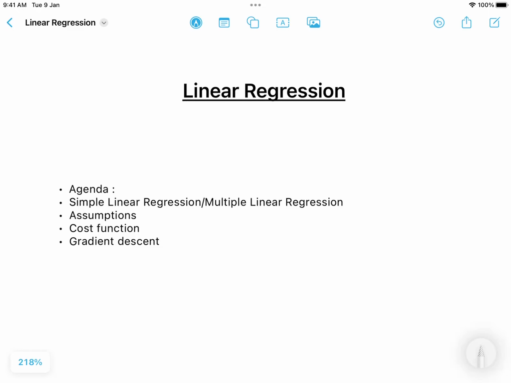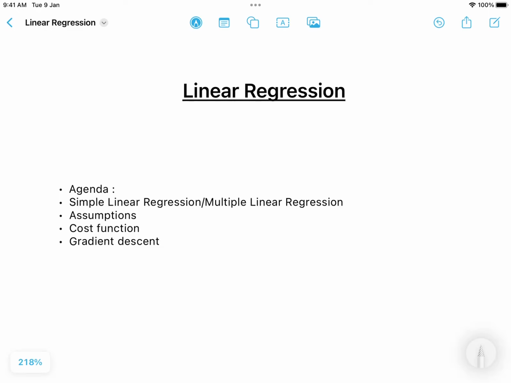Today's agenda is we are going to understand what we mean by linear regression, what the difference is between simple linear regression and multiple linear regression, and why it is important. What are the applications of linear regression, and what are the assumptions of linear regression that one should keep in mind while implementing the linear regression model?